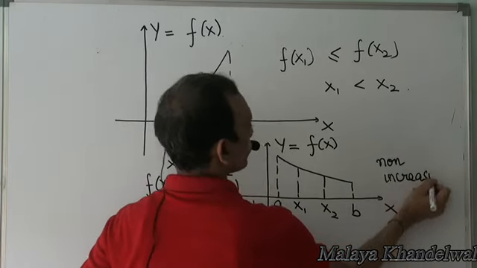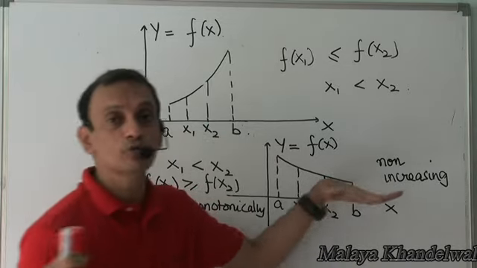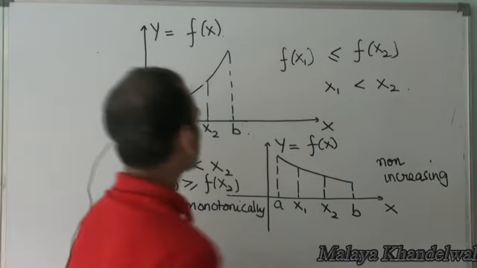That means as x increases, the value of the function at least does not increase. As x increases from a to b, the value of the function at least does not increase. That's the important thing.